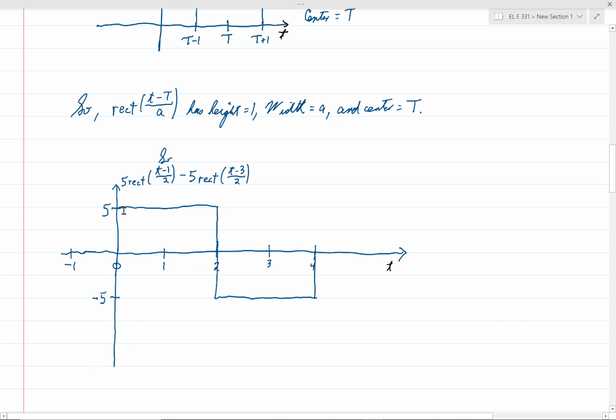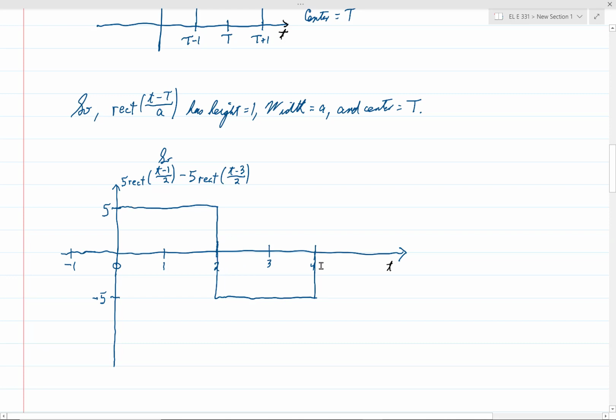And that will look like this. The first part here, the positive part, is 5 times the rectangular function of t minus 1 over 2. You can see that it's centered at 1, and it has a width of 2 because of the 2 in the denominator, and it has a height of 5 because we are multiplying the rectangular function by 5.